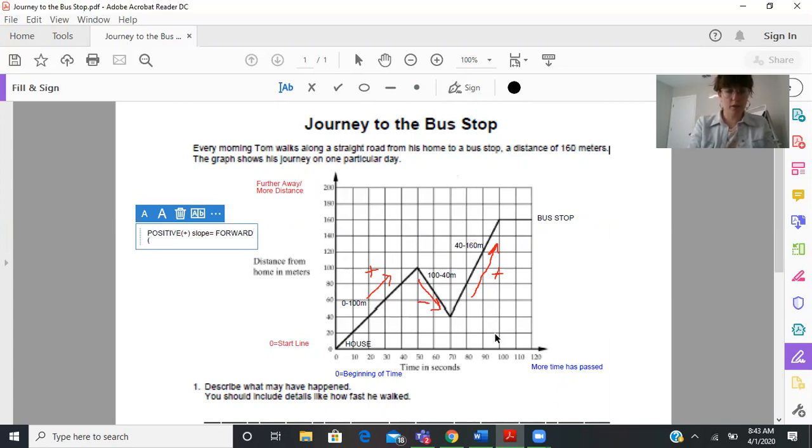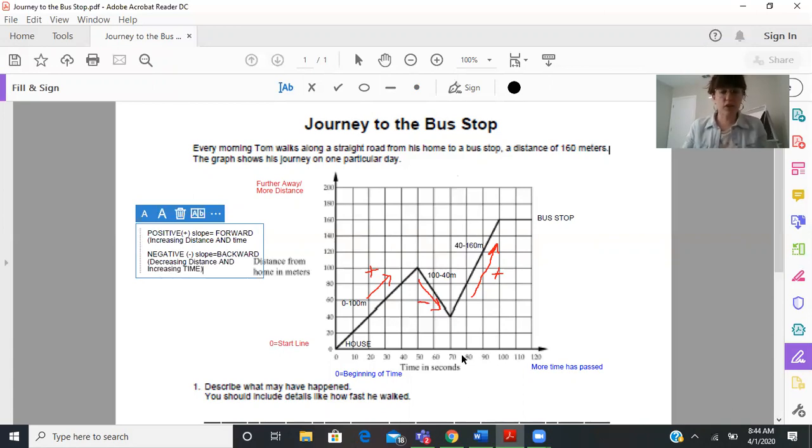That means I'm increasing distance and increasing time. Whereas if I have a negative slope, it means I'm moving backwards, which means I'm decreasing distance and increasing time.